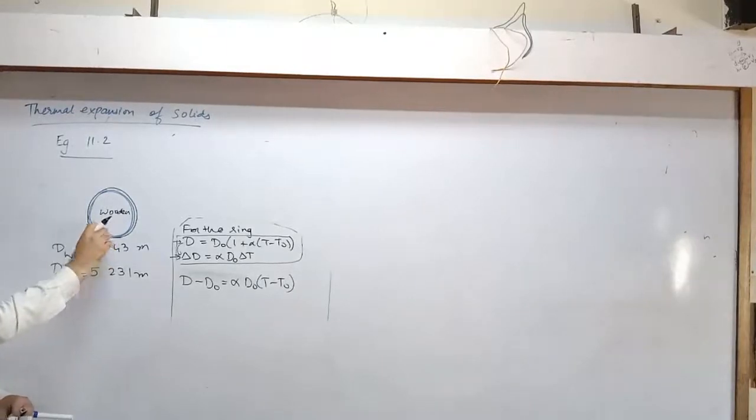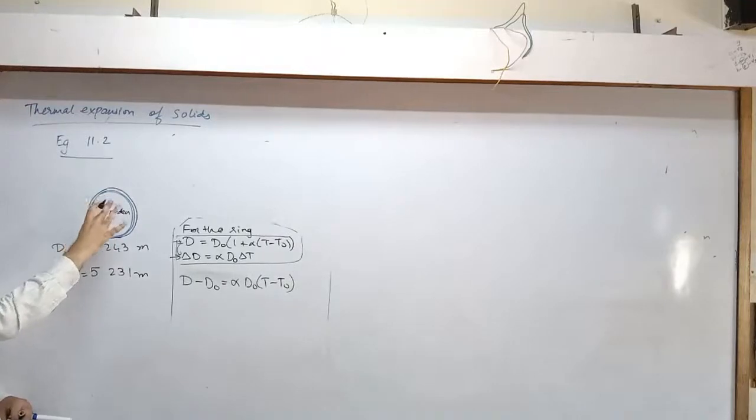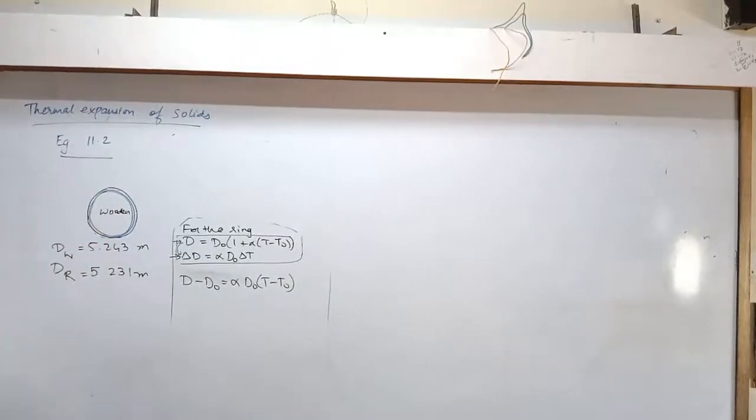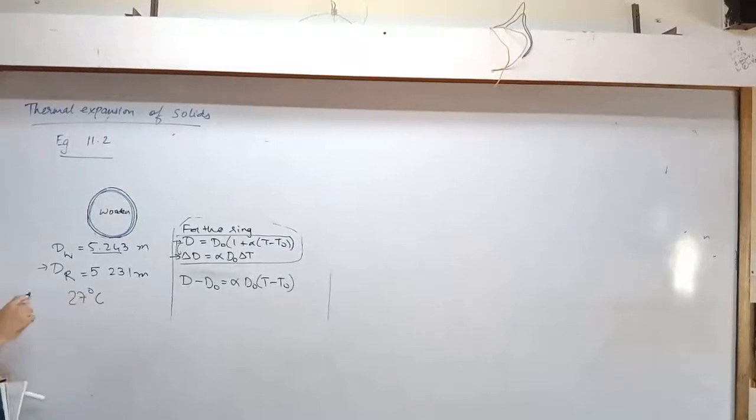The idea is we heat it. So when we heat it, it will grow in size and fit. Correct? So from this diameter we have to increase and make it 5.243. And on heating it should grow to this size. So let's read the question. Okay, this was at what temperature? 27 degrees Celsius.